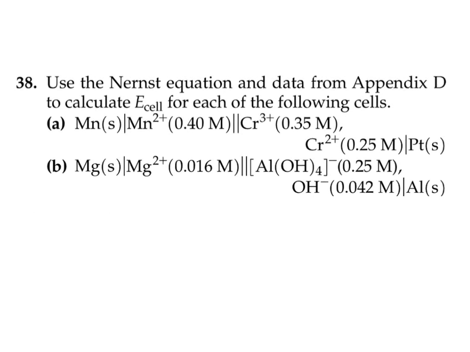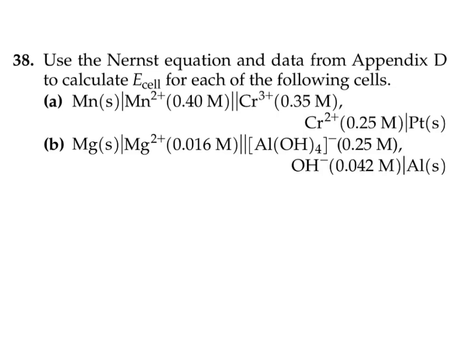Okay, this one. So let's just do one of these for extra credit too. So do A for extra credit there. So use the Nernst equation to calculate. So that's similar to 37. Okay? Any questions? Okay. So, woohoo! We are officially done.